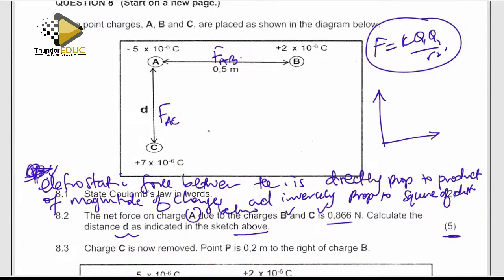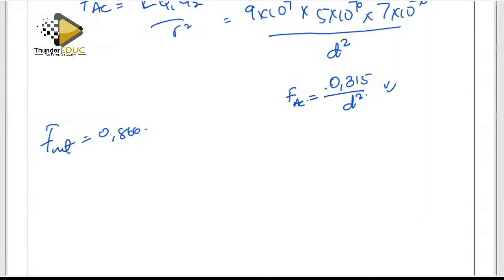So the F horizontal, and then the F vertical. So if this is 0.315 over d squared, and then this is 0.36, let's use the theorem of Pythagoras. Is it Pythagoras? Yes. We're going to use Pythagoras and then proceed to get the net force and then do the substitution as required.